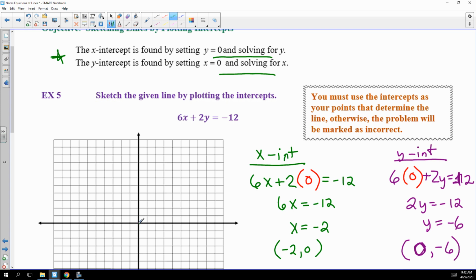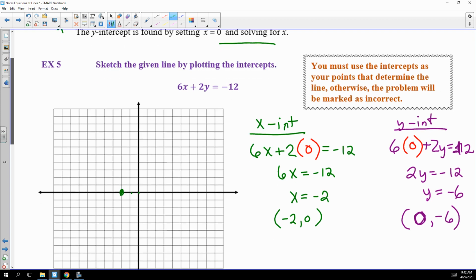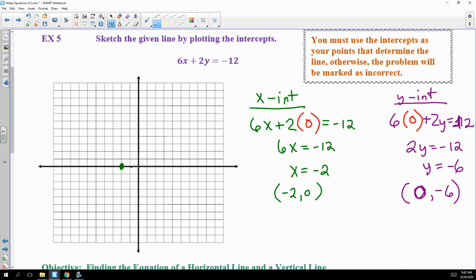So we're going to plot (-2, 0) on the x-axis. That's here. We're going to plot (0, -6) on the y-axis: 1, 2, 3, 4, 5, 6. (0, -6) goes here. Then we're going to graph that line. I'll sketch it in blue this time. Through these.